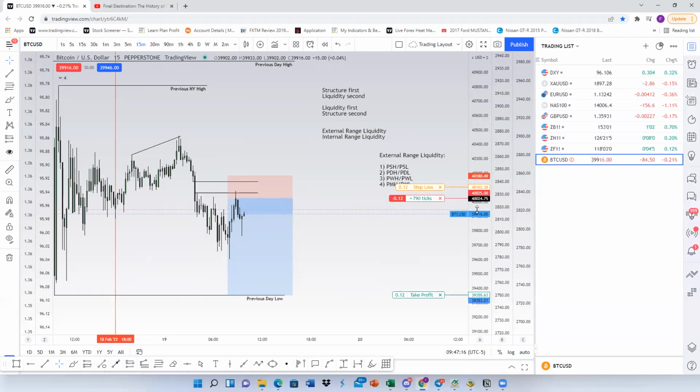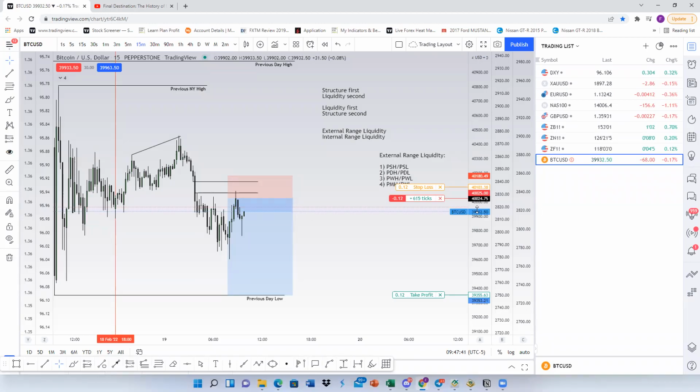Price takes out the high, okay, that's liquidity first. Structure second, meaning, okay, now I want to see bearish structure, high drop, SMT to confirm the accumulation, or displacement showing that there is willingness by supposed smart money to take price or reprice lower, or for the algorithm to reprice lower, right?